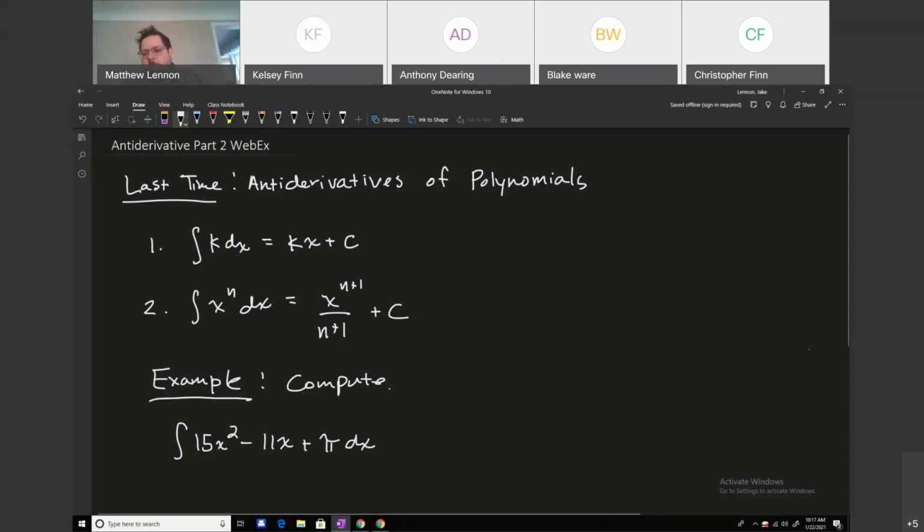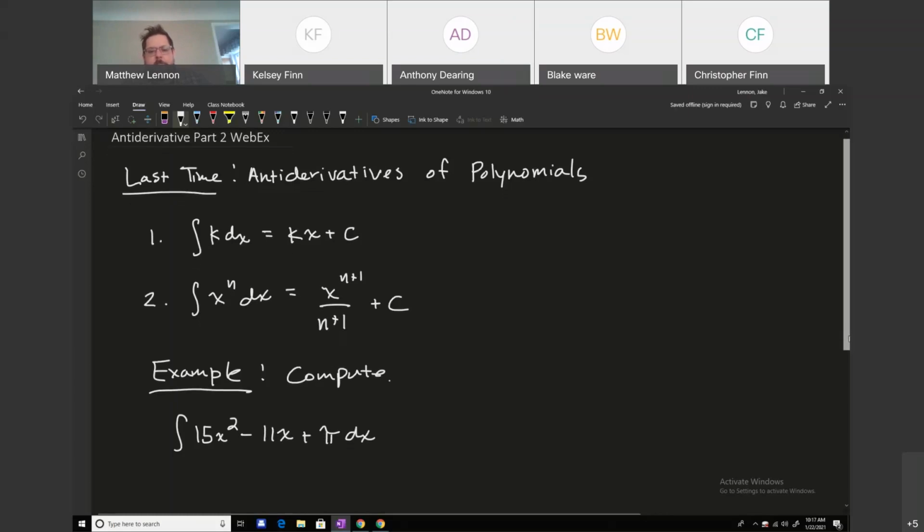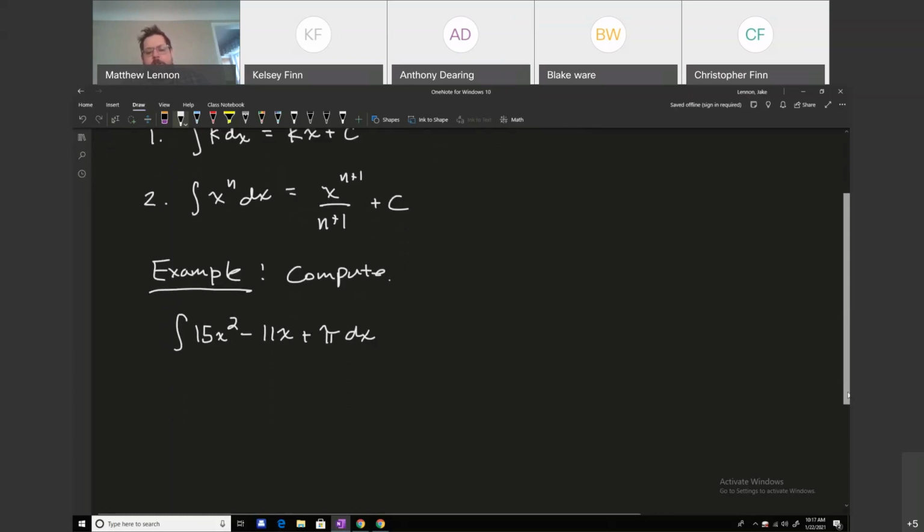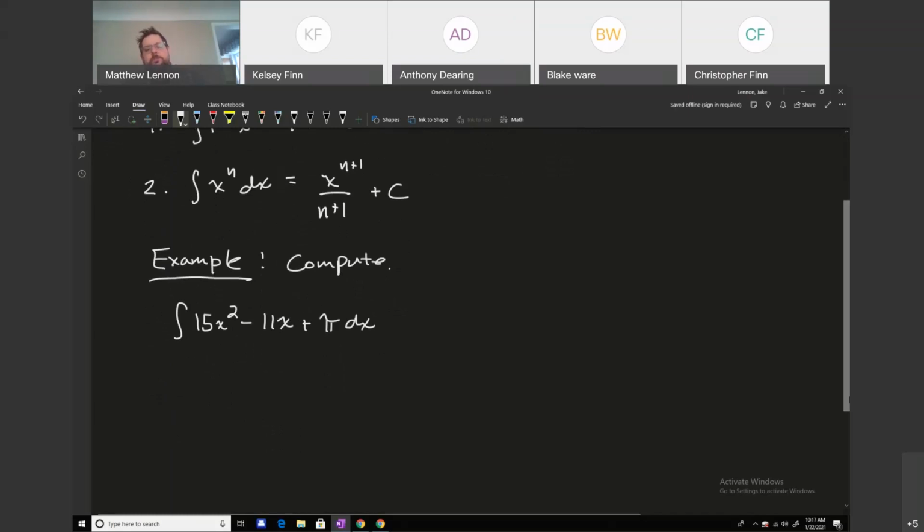Well, we also learned that you can do the integrals term by term. So we just do them one at a time utilizing the two rules. So basically we just add 1 to the power of x and then divide. So it'll be 15x cubed over 3 minus 11x squared over 2. And pi is just a constant, right? So we would just stick an x on next to it as stated in rule number 1.